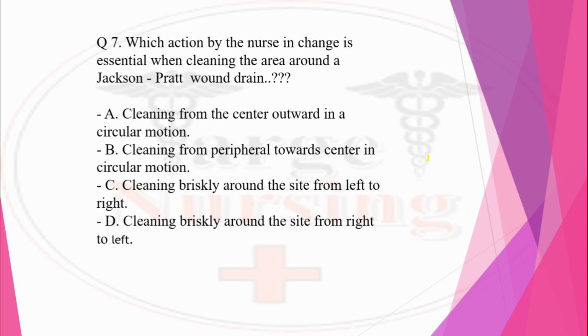The nurse should never remove the drain before cleaning the skin. If the person has a drain fitted, firstly we have to clean the site, from center to outwards in a circular motion, and then we have to remove the drain. So for any wound we have to use this principle, and I told you the rationale.